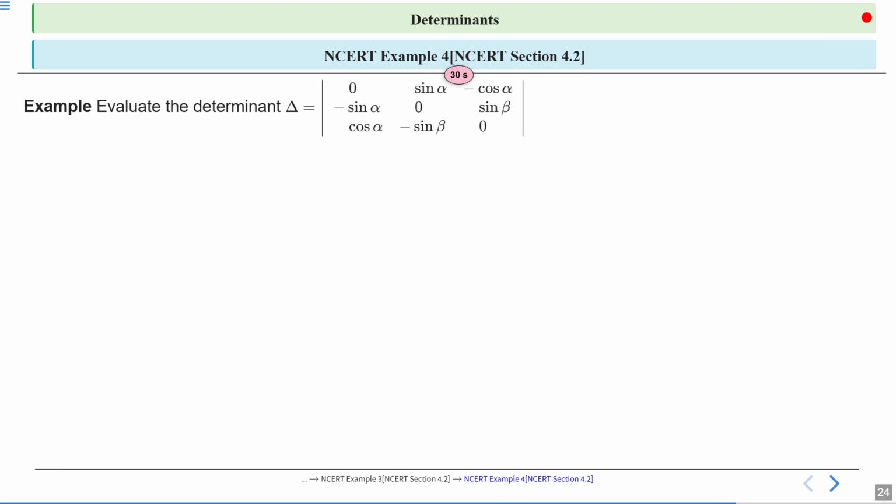Okay, now we have another matrix of order 3 cross 3 and we have to calculate the determinant of this matrix: 0, sin alpha, minus cos alpha; minus sin alpha, 0, sin beta; cos alpha, minus sin beta, 0. So just try.